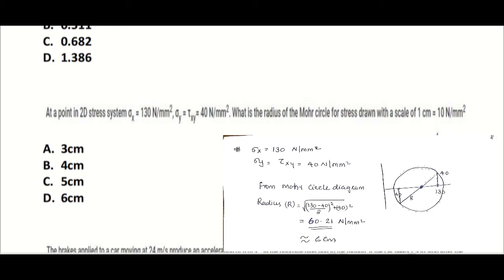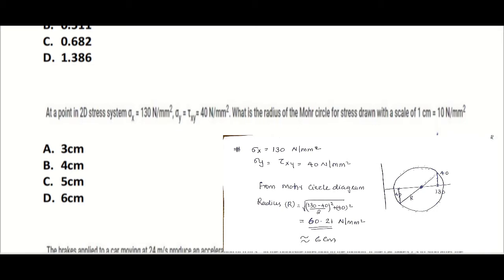From that we need to draw one circle, the Mohr circle. The radius will be equal to the square root of ((130 minus 40) divided by 2) whole square plus 40 square.